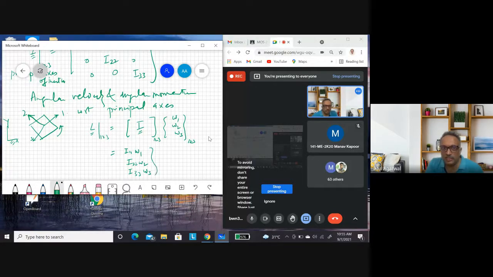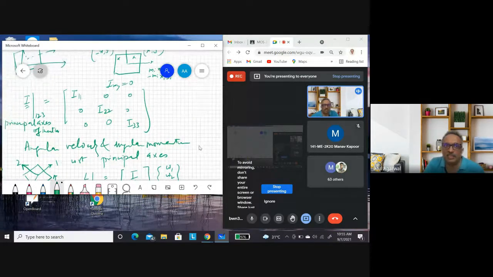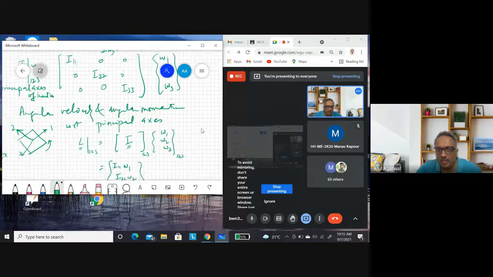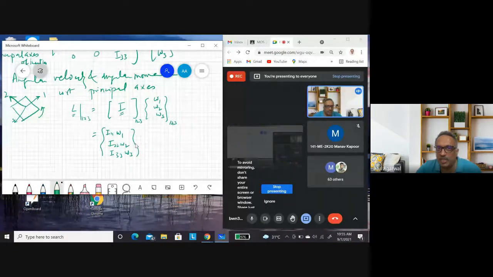Can you see this? If you multiply this matrix with the vector omega 1, omega 2, omega 3, what you will get? I11 omega 1, other terms will multiply with zeros. I22 will multiply with omega 2, I33 will multiply with omega 3. So this is what you are getting.